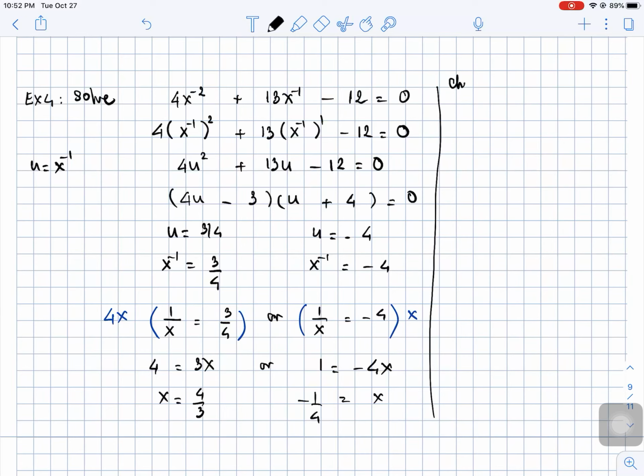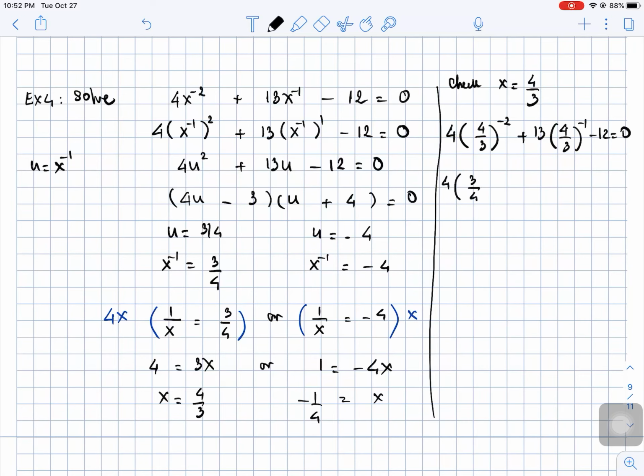Divide both sides by 3, so we get 4 over 3. And the second one, we multiply both sides of the equation by x. Then we get 1 equals negative 4x. To solve for x, we divide both sides by negative 4. Then x equals negative 1 over 4.